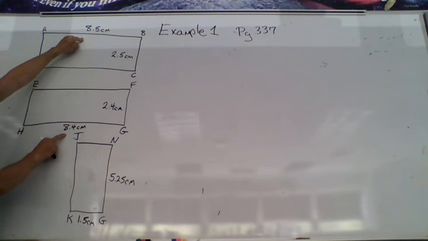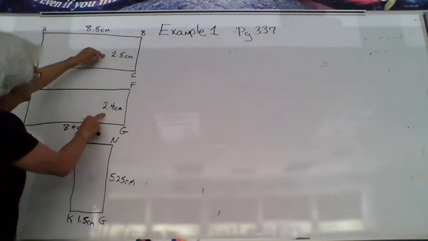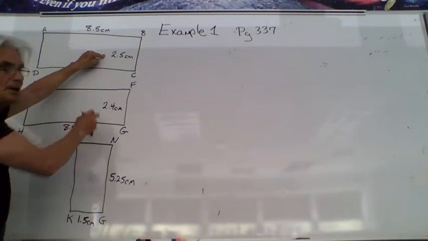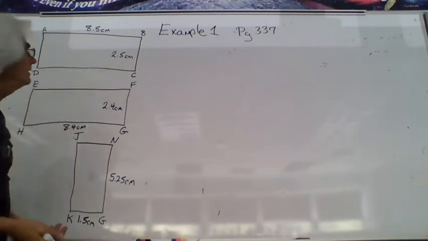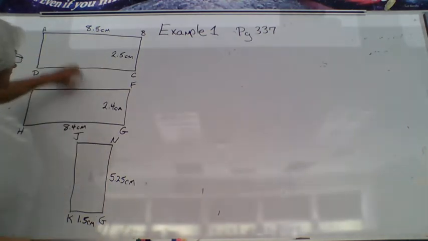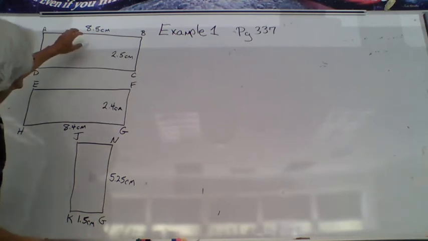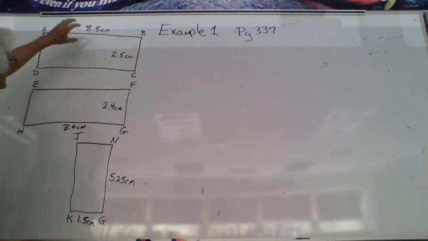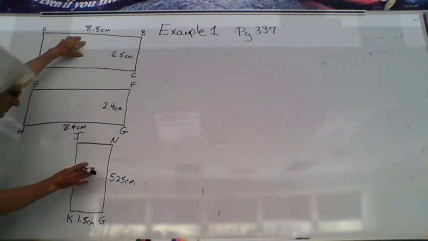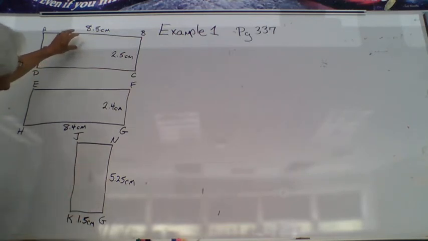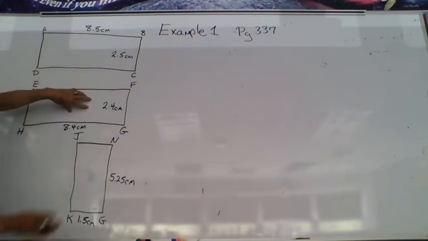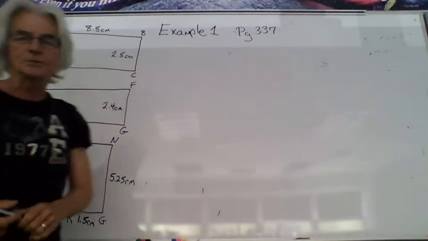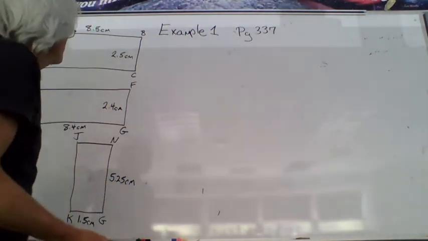I'm going to compare those two together and see what the ratio is. Then I'm going to compare these two together and see what the ratio is. If they're the same, then these two rectangles are similar. So I'm going to check this one to this one, then this one to this bottom one, and then this one to this one to see which of these are similar and which aren't.